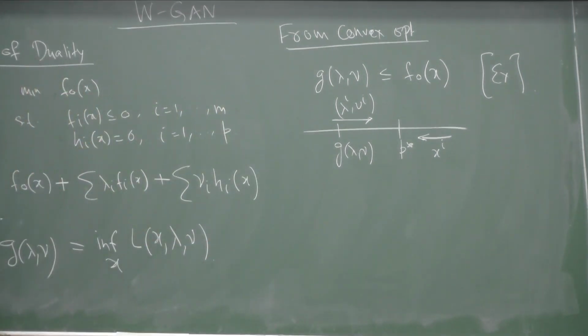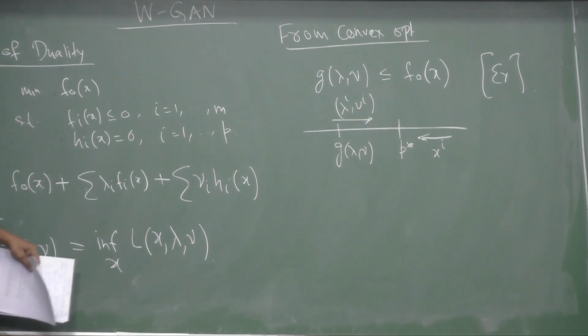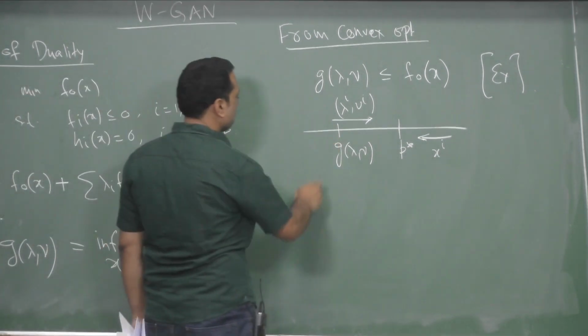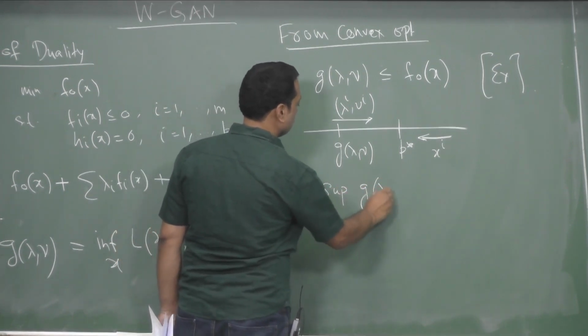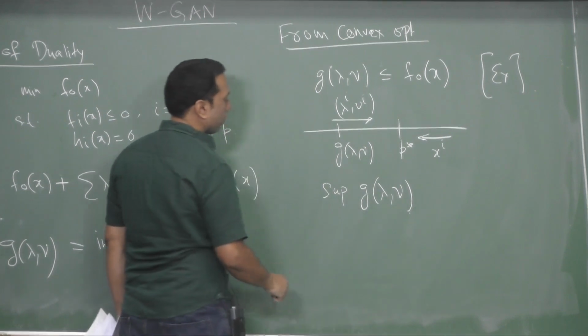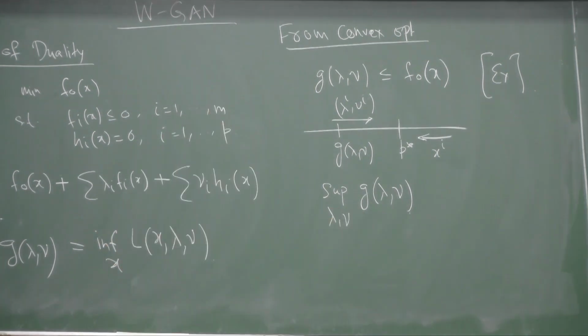Okay, so this is the duality in optimization methods, where you solve a given problem by constructing a dual function, and then you can maximize that. So you take a supremum of g(lambda, nu) over lambda and nu, and that way you can approach p star. So this is a very brief look at optimization methods, in particular duality.